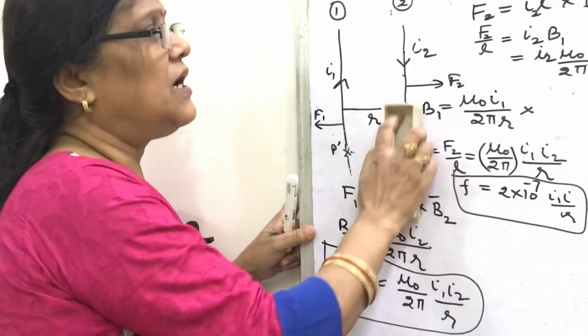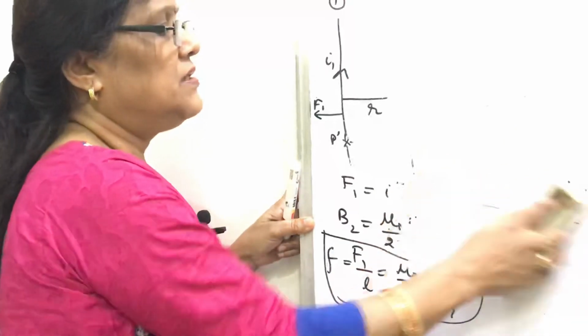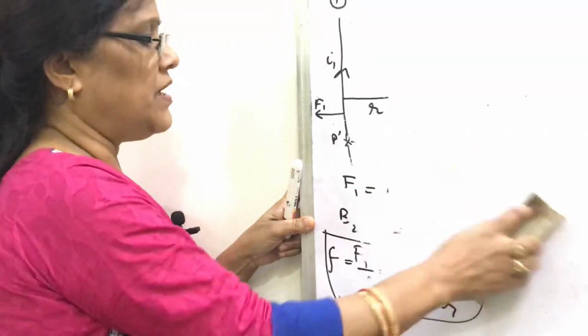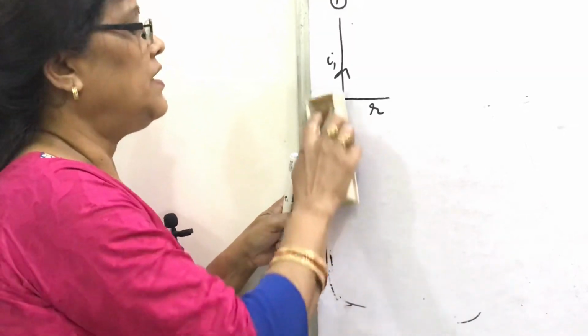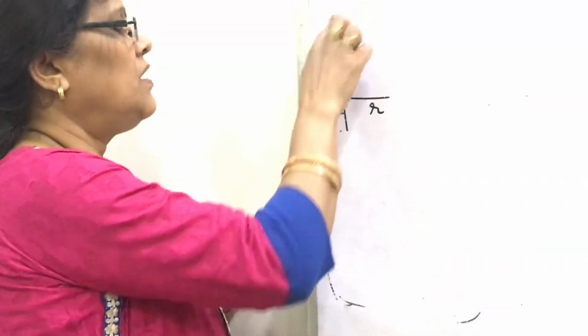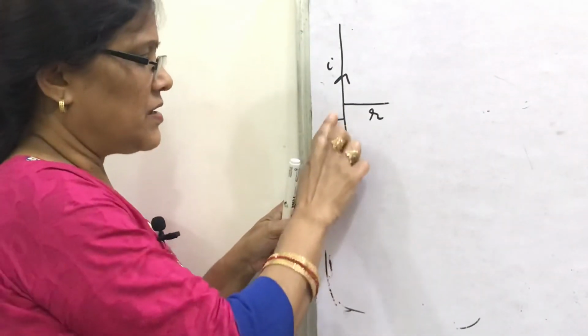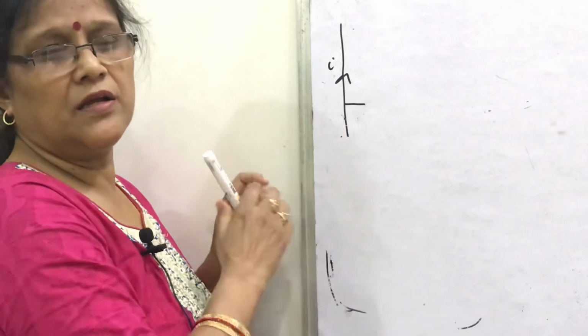One question was asked in the NEET exam. There is a current carrying wire and the current flowing through it is I. Suppose this is the long straight wire.